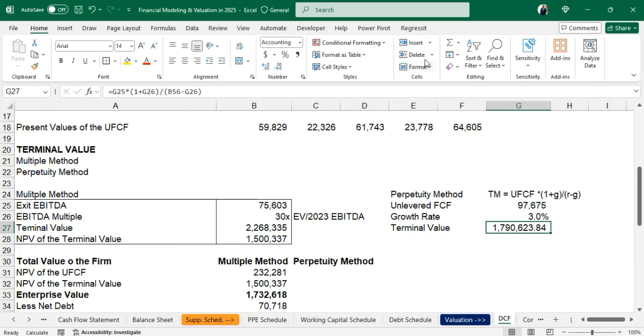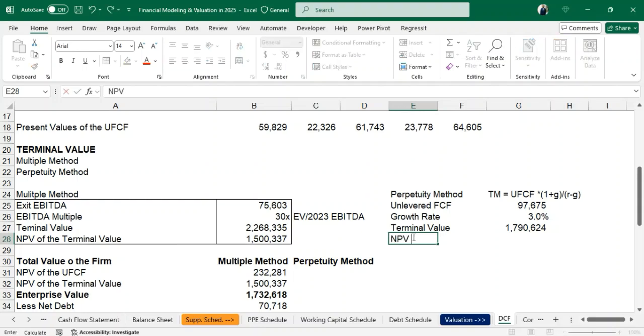So with this, I can actually find the net present value of the terminal value.